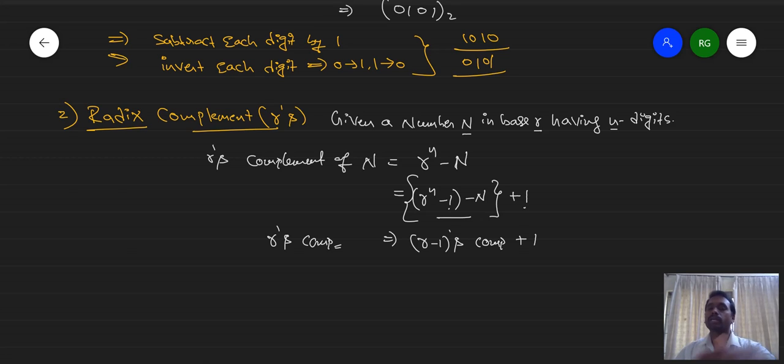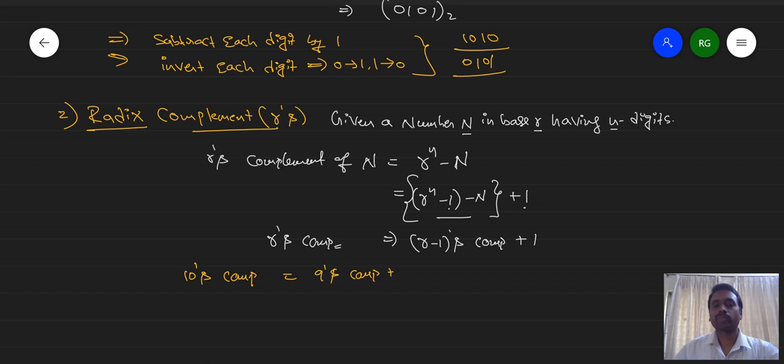So whenever I want to calculate my R's complement, I simply find the R minus 1's complement of the number and then add a 1. If you apply it for the decimal number system, that is nothing but my tens complement. So my tens complement is equal to R minus 1's complement plus 1, that is nothing but my nines complement plus 1.